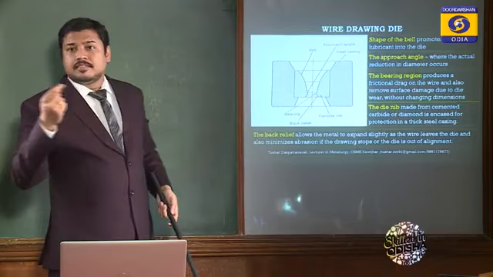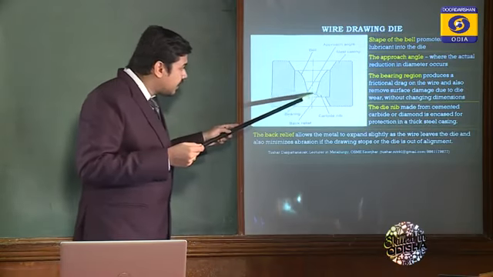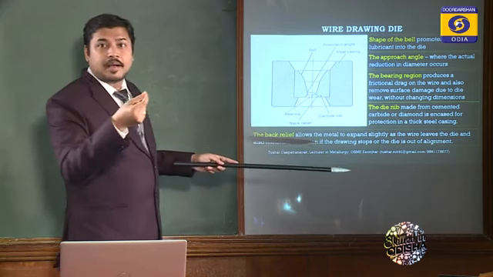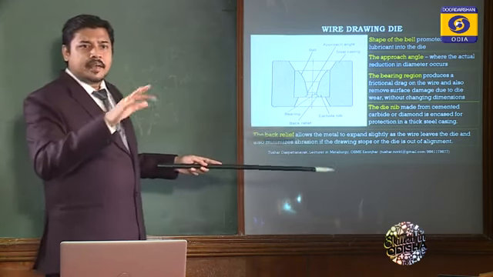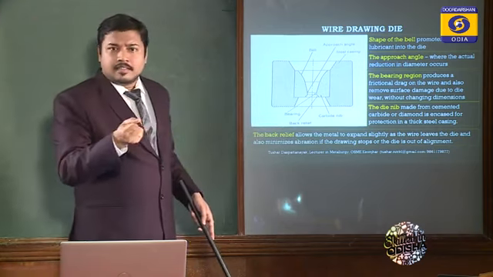The back relief: when the metal wire comes out of it, it gets expanded, so that if by any technical problem the wiring stops, the wire doesn't go back. If it goes back, then what? Abrasion will happen.